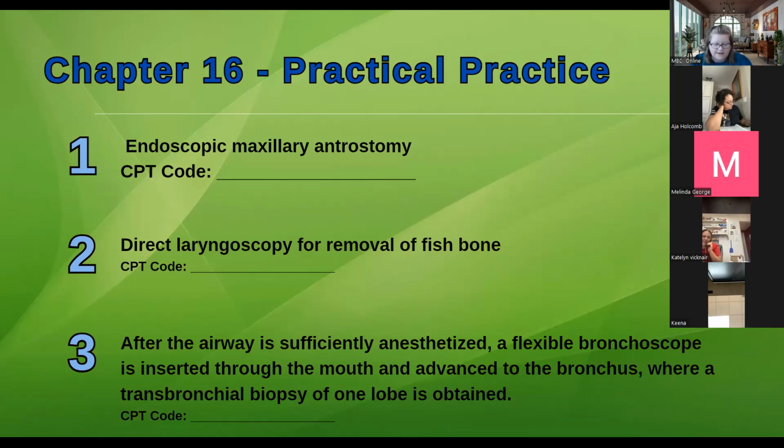Bronchoscopy is right next to it. Starting with, it says 31622 to 31661. All right, so in this case, you would just start going through the codes and see what it is.